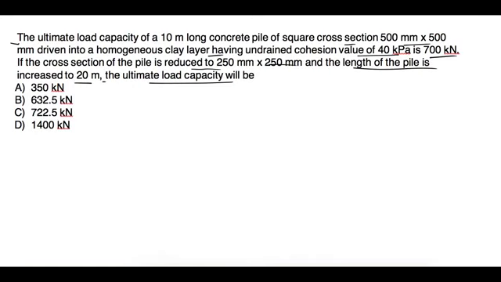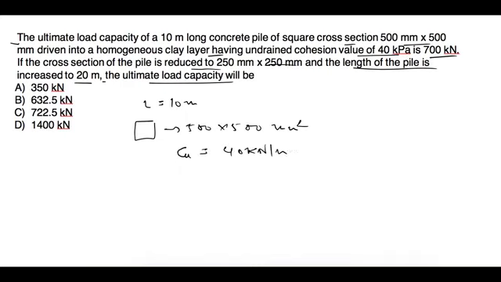So for the first case, the length is given as 10 meter and the pile section is square, that is 500 by 500 mm, and undrained cohesion for this soil is given as 40 kilonewton per meter square. The ultimate pile load capacity is also given, that is 700 kilonewton.